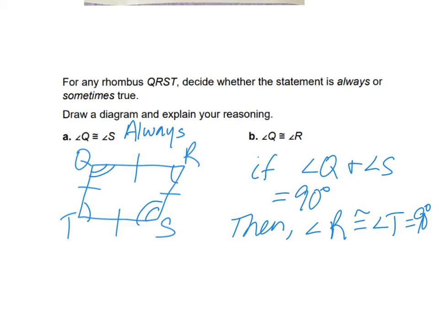So if Q and S happen to be 90, then we know that T and R have to add up to 180, and they also have to be equal to each other.